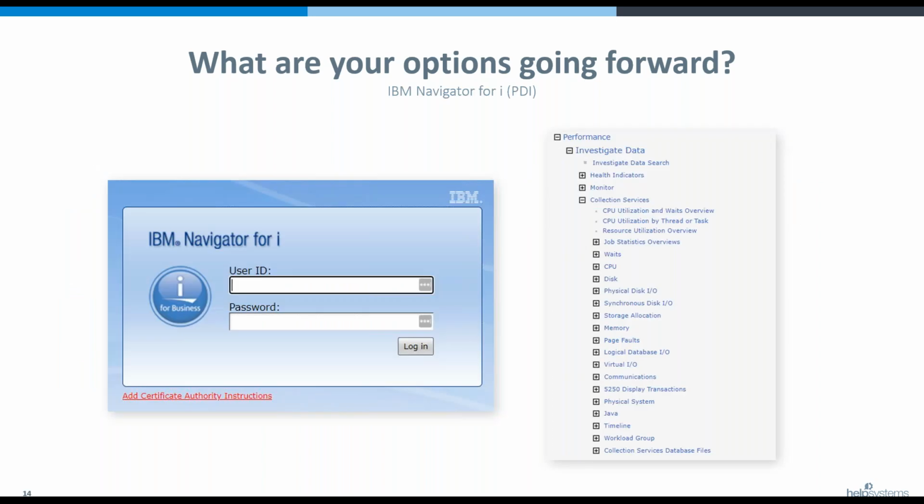The first option is free: Navigator for i. It's free, but in my opinion, for reporting purposes, I found it somewhat limited. To use Navigator for i, simply point your favorite browser at your system, port 2001, sign in, and you'll see the tree shown on the right here.